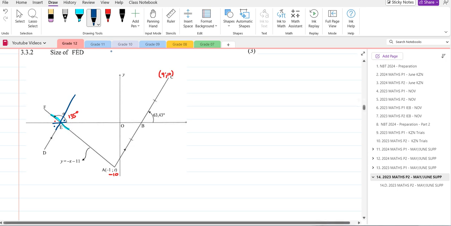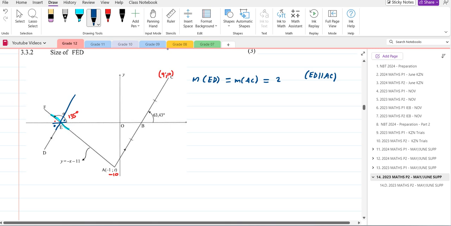Yes, this is vertically opposite. So I can take the gradient of ED. What's the gradient of ED? Gradient of ED is the same as the gradient of AC, and that answer is equal to 2 because ED is parallel to AC.